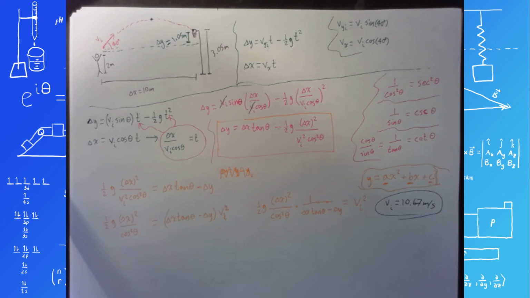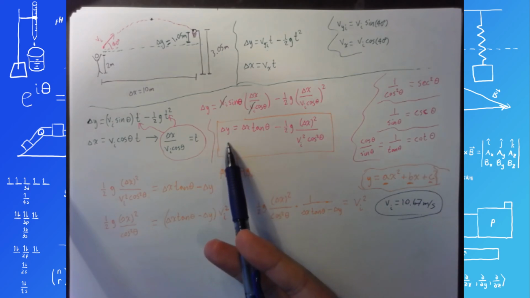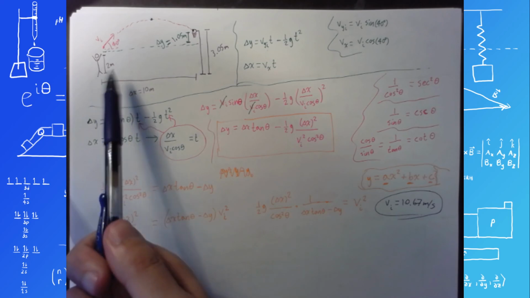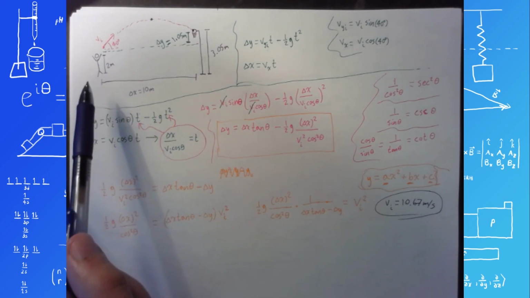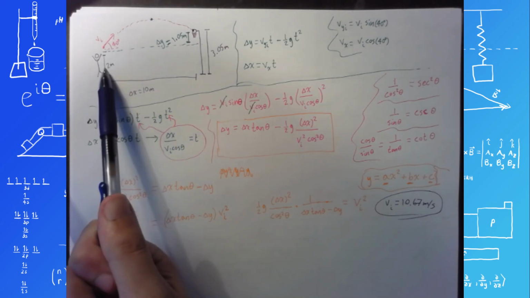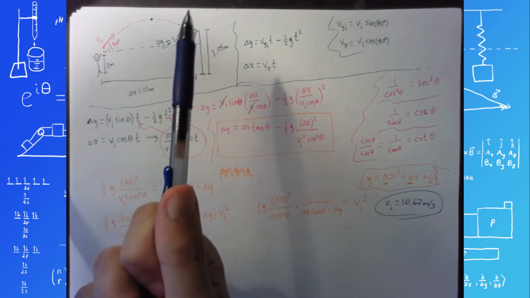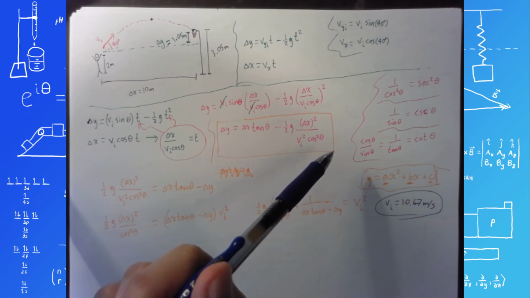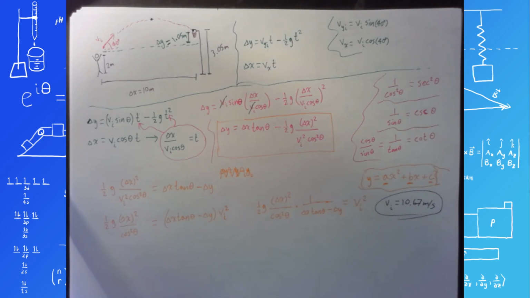And there's the basketball problem. So you're going to end up with an equation that looks like this. Anytime you are asked to calculate the initial speed of a projectile given its delta x, its delta y, and its launch angle, that is where you can expect to do this.